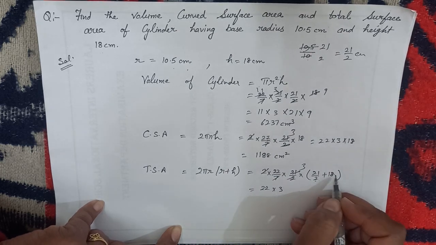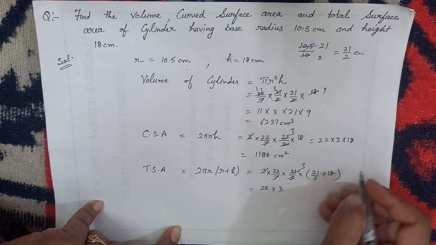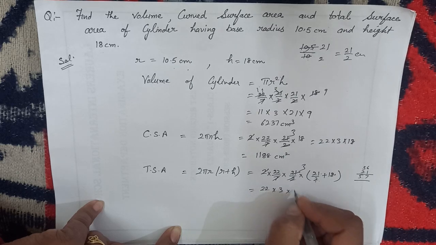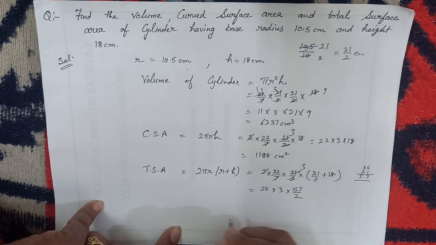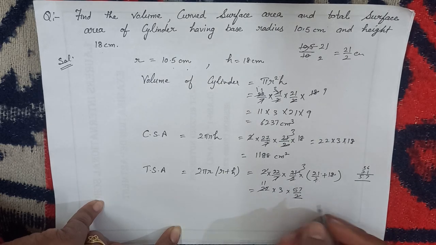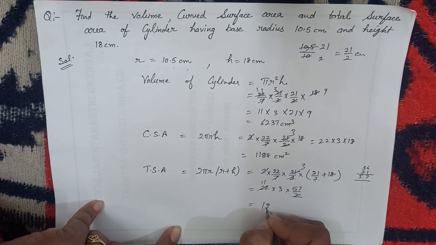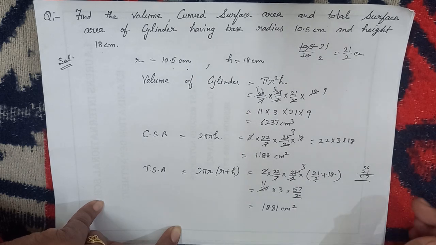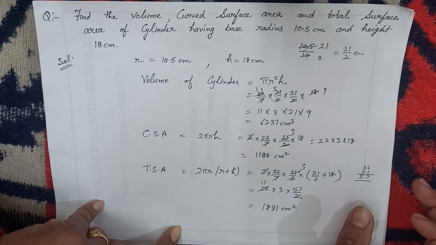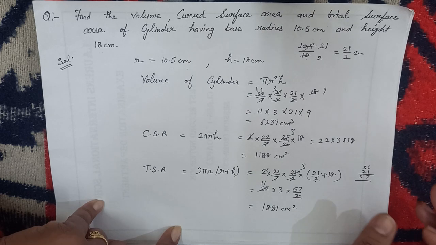Now 18 twos are 36. 36 plus 21, when we do, we will get 57. So that means 57 by 2, and that will be again cut 11. Again we have to multiply and we will get our answer 1881 centimeter square. So now you can see how easy it is to use these formulas.